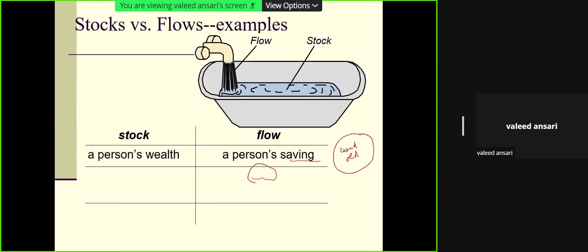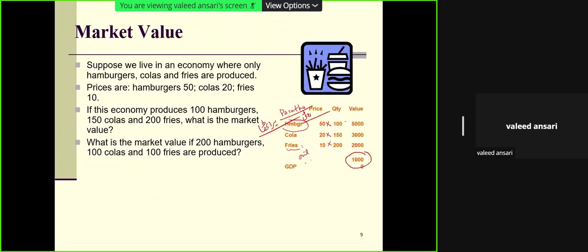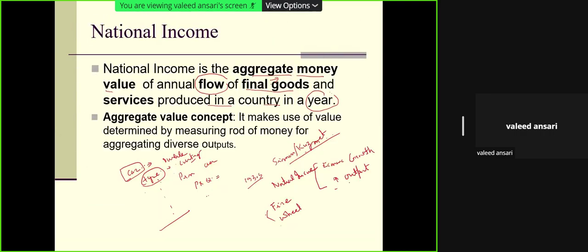Let me repeat what I said till now. National income is the money value of all final goods and services produced in an economy. So it means that we multiply the market price of goods with the quantity produced, we exclude intermediate goods, and we take into account only the value of the new production.